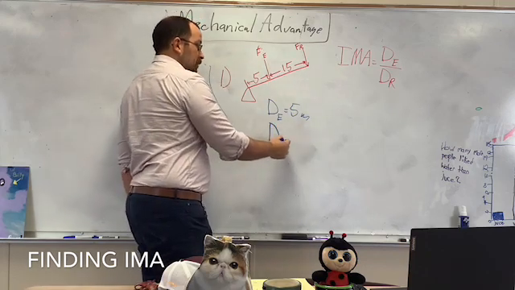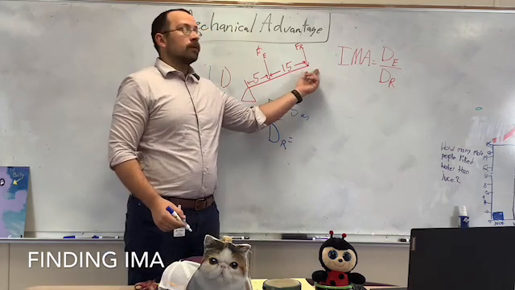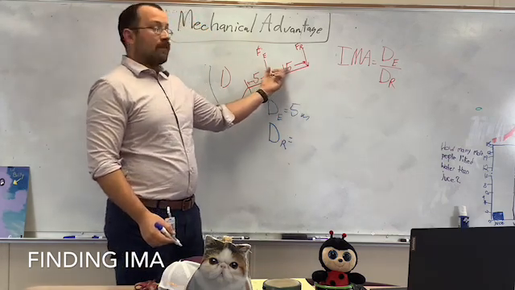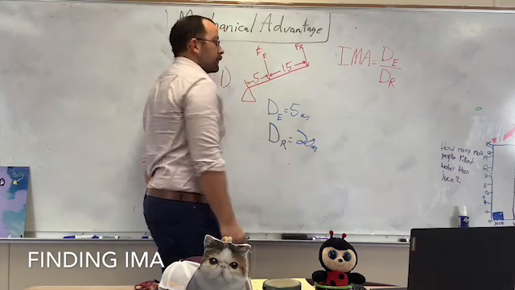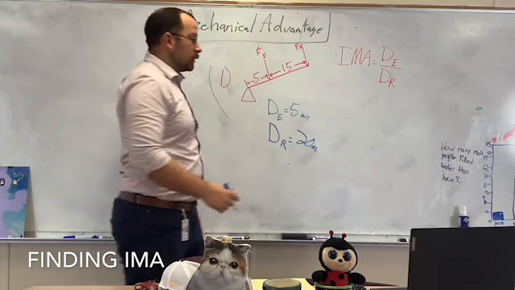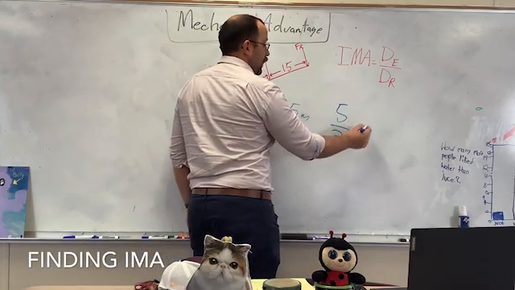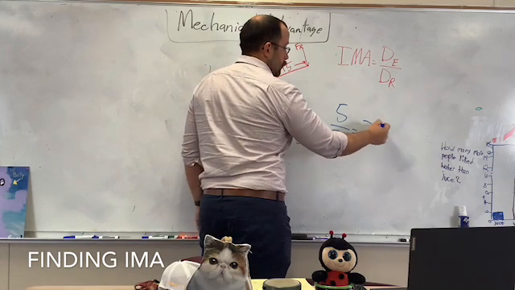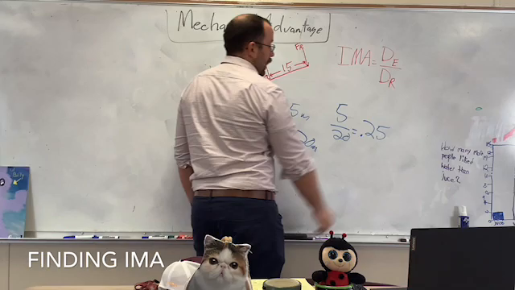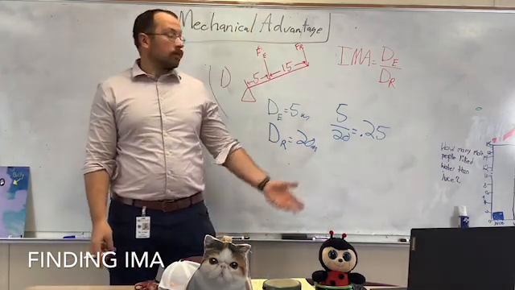My resistance distance is from the fulcrum all the way to the resistance, so it's 15 plus 5, which gives you 20 meters. Now you just plug it in: 5 over 20, and you divide, and that gives you 0.25. And there you go.